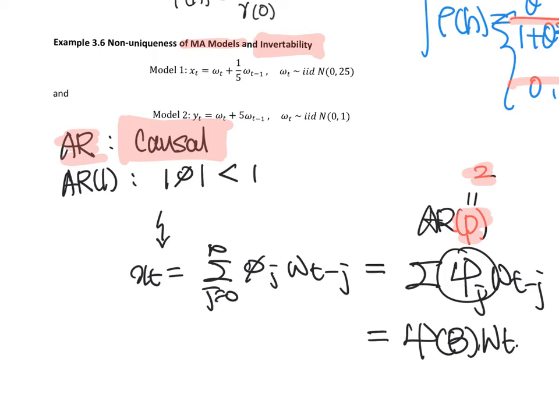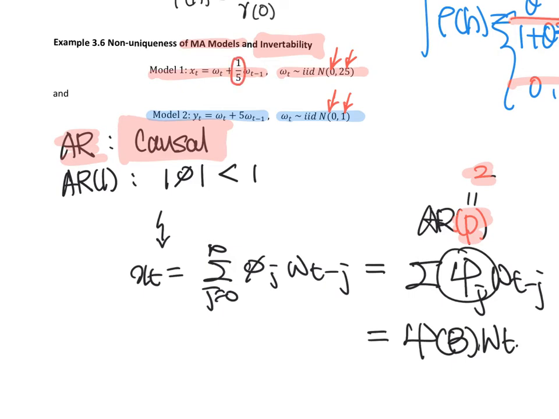Look at this one. It is model number 1, with white noise of mean equal 0 and variance 25. And here is model number 2 with another white noise, still mean equal 0, and variance equal to 1.